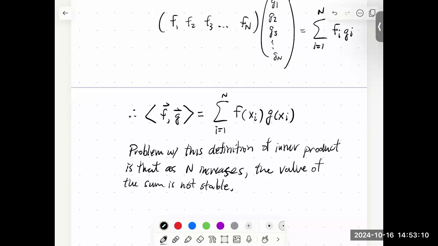In math, that's what they do when they look at a series and ask, does it converge or not? They look at partial sums, and you sum up to some n, and you should be approaching some stable value as n gets larger and larger. If that happens, you'd say you have a converging series. This does not have that property, so we need to fix it.